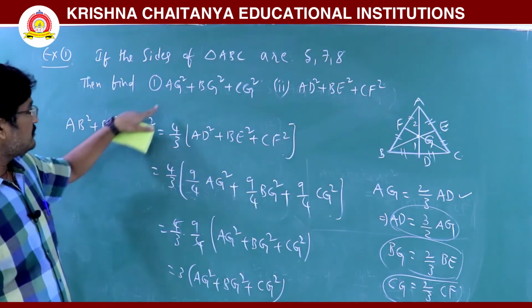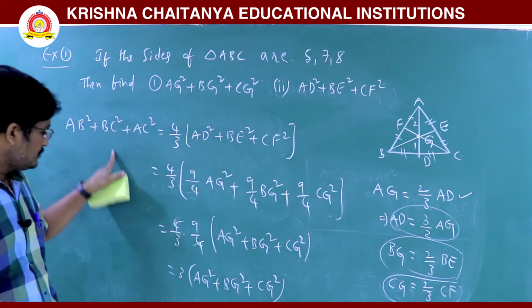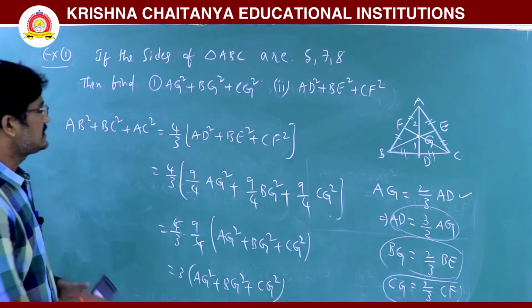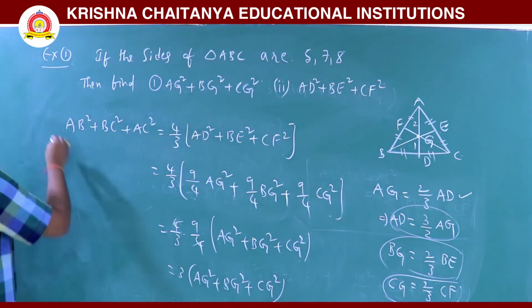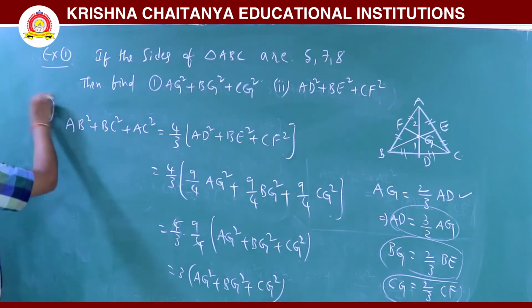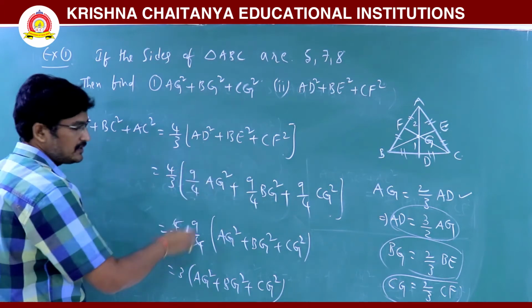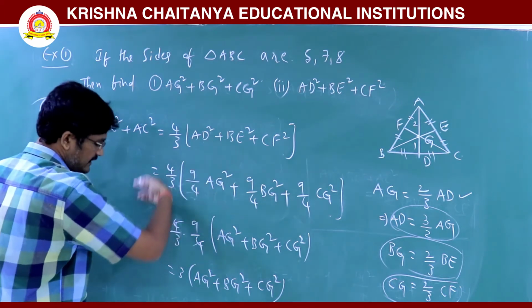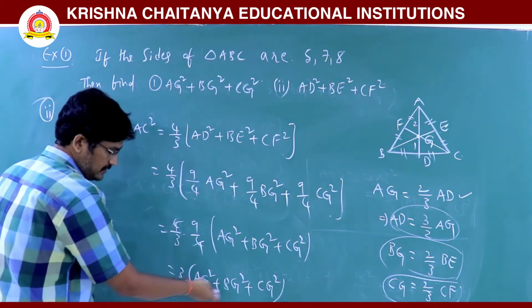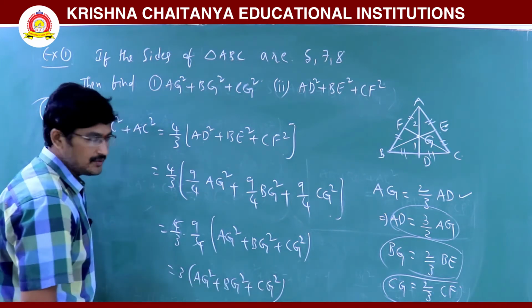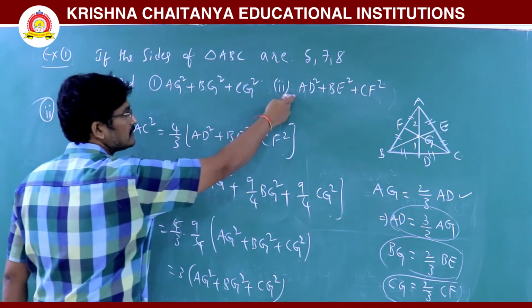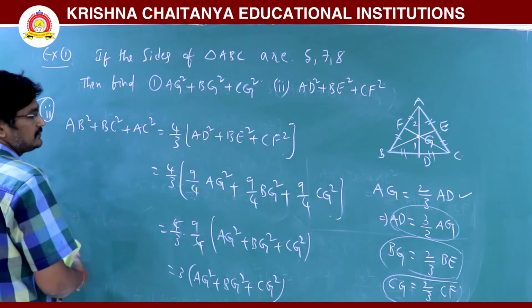To get AG square plus BG square plus CG square, we have to use this one. So first I am doing the second question. We know that AB square plus BC square plus AC square is equal to this one. By the simplification of this one it converts in the terms of AG, BG, CG. So first I am answering that one.